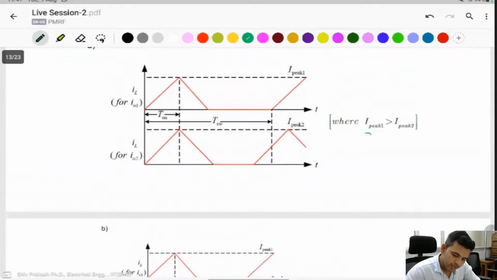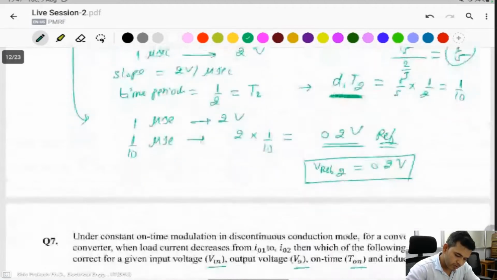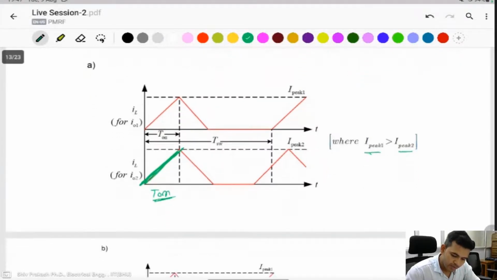First, I peak 1 is greater than I peak 2. You observe that it says that T on time is fixed. The mode is continuous conduction, and T on is fixed, which means this peak is also fixed for both. Then this one is not correct. I peak is equal to I peak 2, because T on is fixed, so the inductor current increases by the same amount.